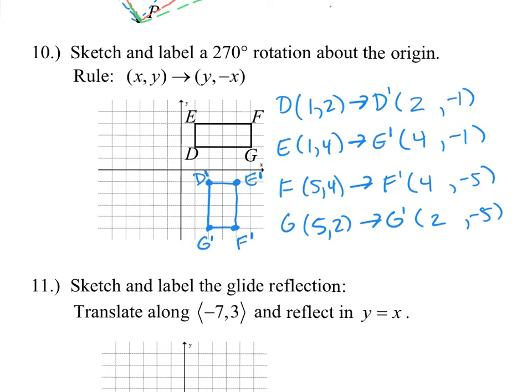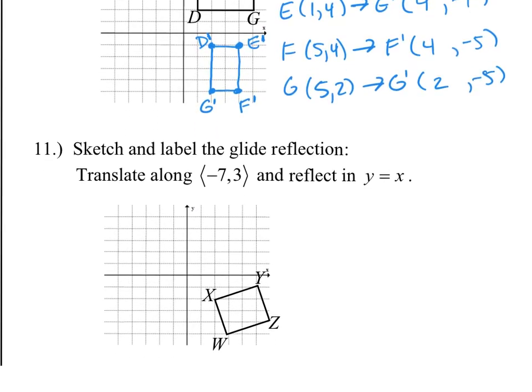Just a reminder again, make sure that you label your image points, because that's how we know that you've actually done the rotation correctly. All right, so let's move on to take a look at number 11.